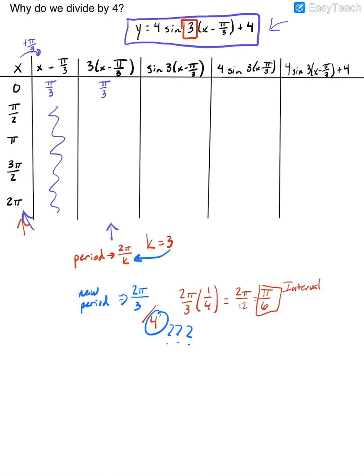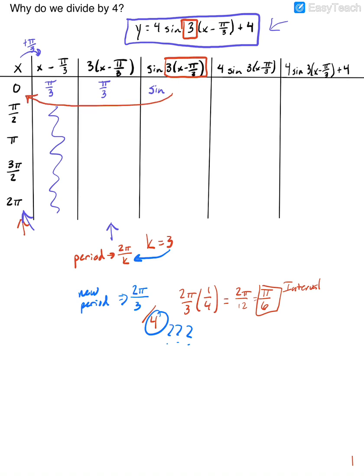Because if you're just looking at sine of 3 times x minus pi over 3, whatever we plug in for x for the 3 times x minus pi over 3, that's going to end up being this number right there.